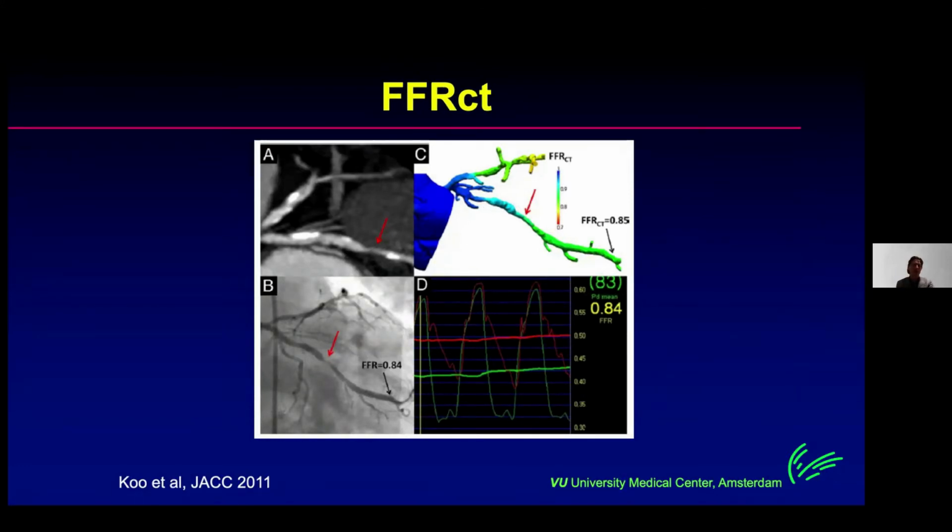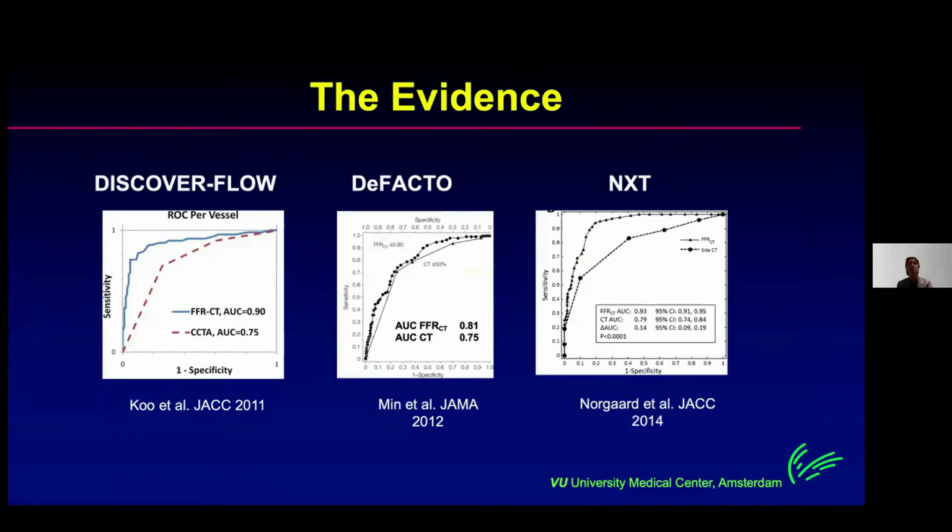Well, this has been around for over a decade now, and this is pretty much a game changer, where we see that based on anatomical features, you can compute whether or not your FFR is going to be positive or negative. These were the early days. Then we had three major trials. This is what I call the evidence slide: DISCOVER-FLOW, DeFACTO, and NXT, each with new iterations of FFRCT with mixed results.